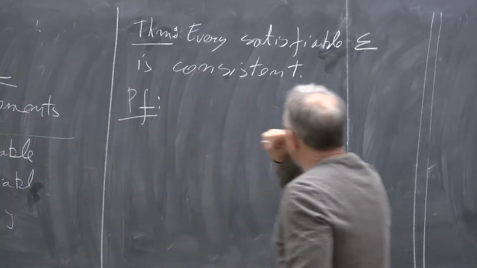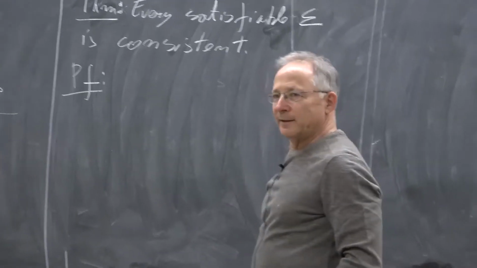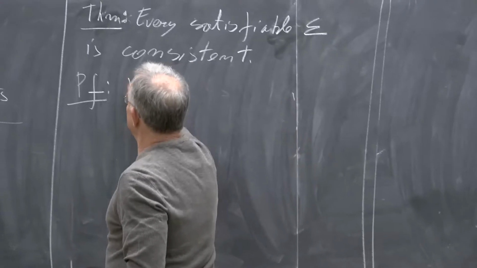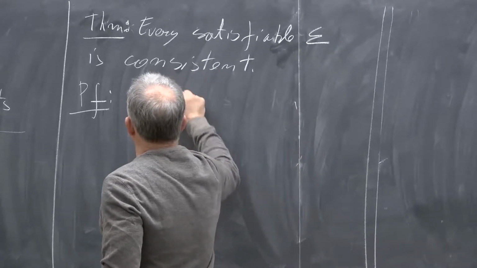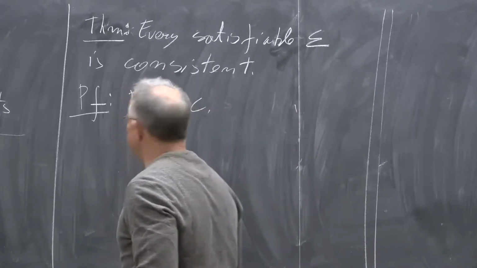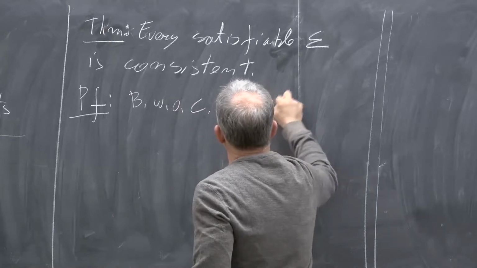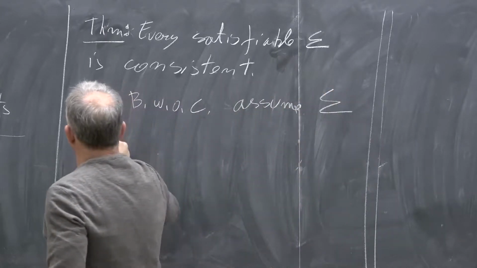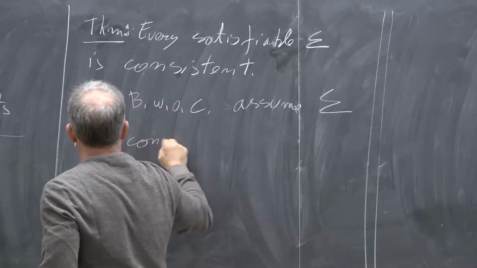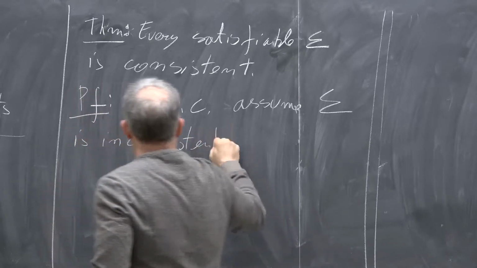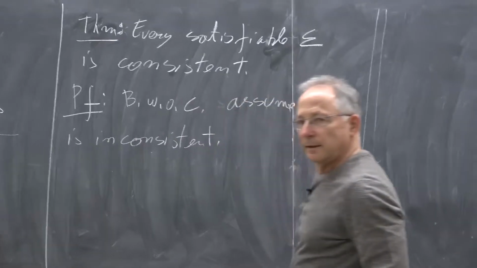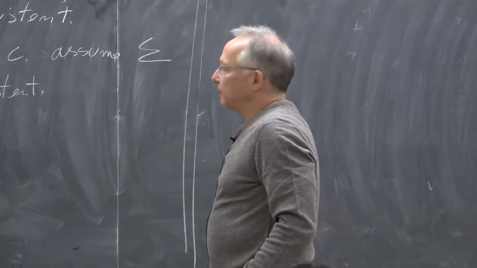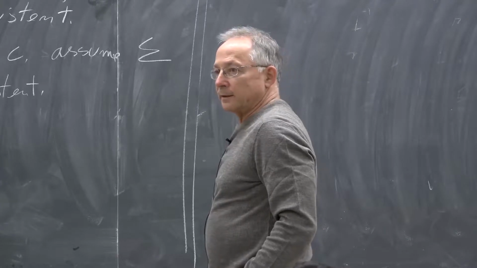We will go by way of contradiction. We assume that sigma is inconsistent. So, by way of contradiction, assume sigma is inconsistent. And we can use either of the two definitions of consistency.